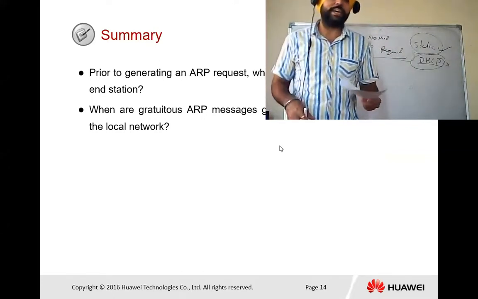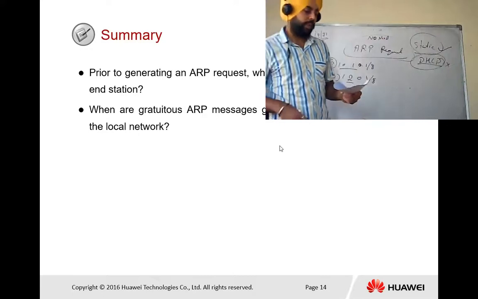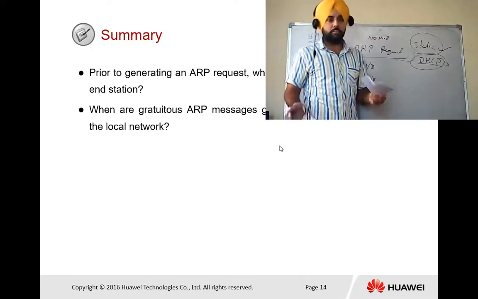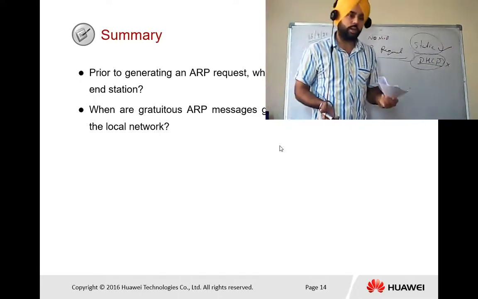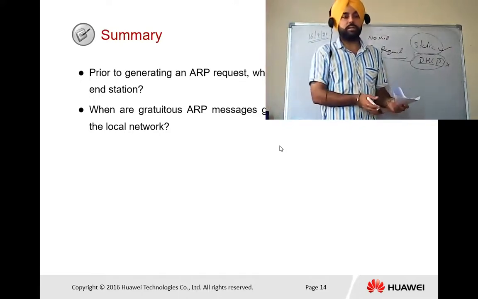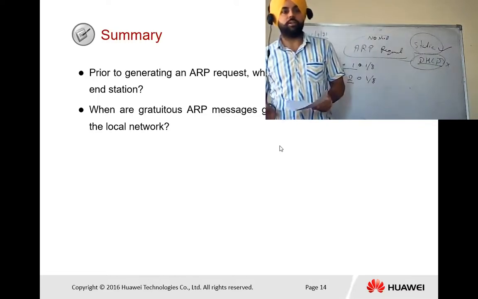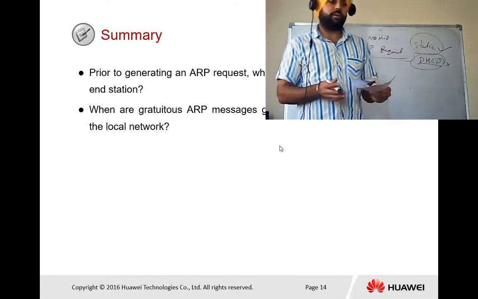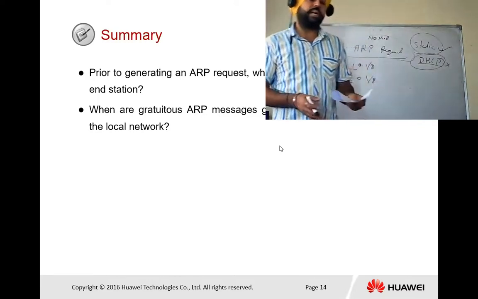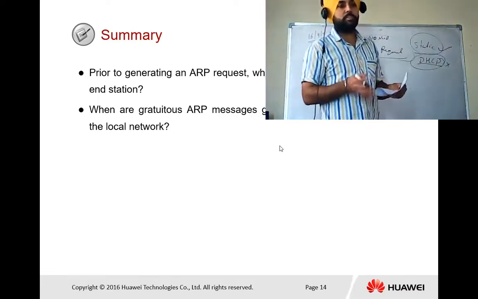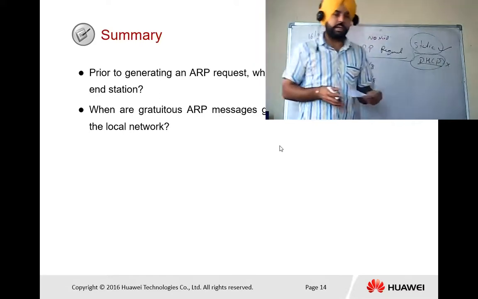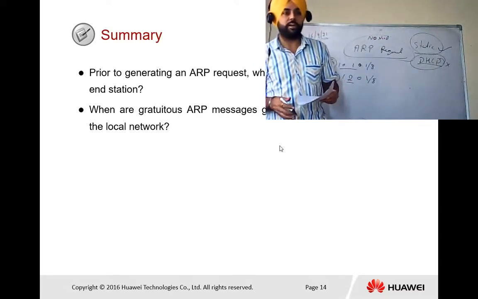It will check the ARP cache table first. If a MAC entry is there, then it will not generate the ARP request, because we already learned about that. If the MAC entry exists in the ARP table, then it will not generate the ARP request.